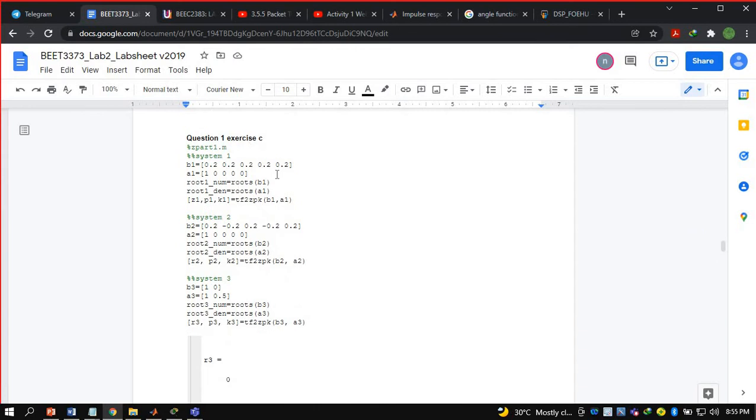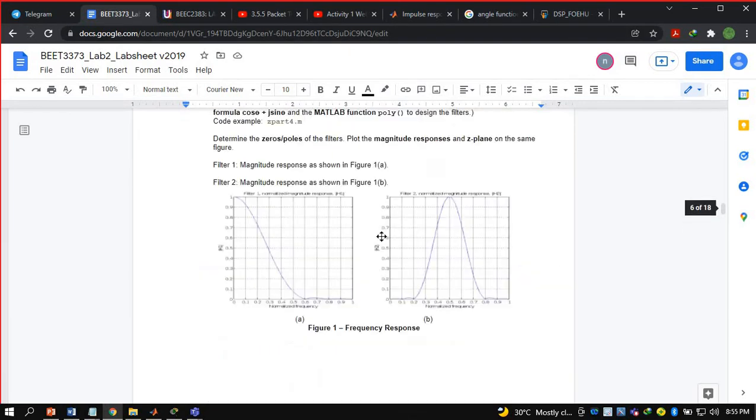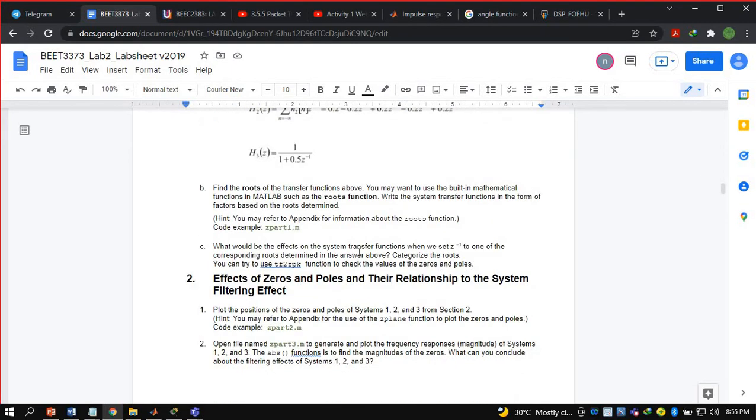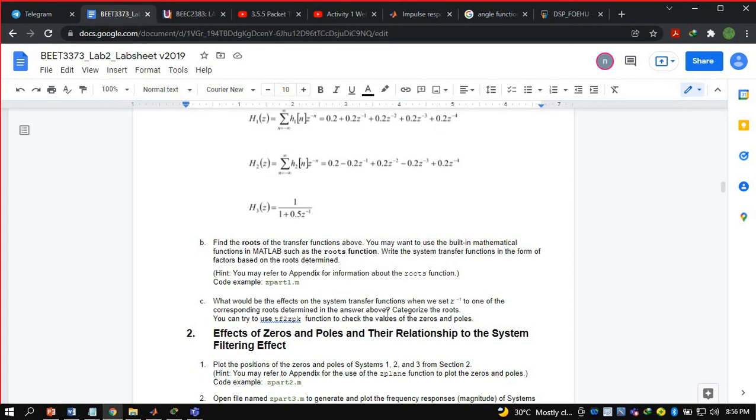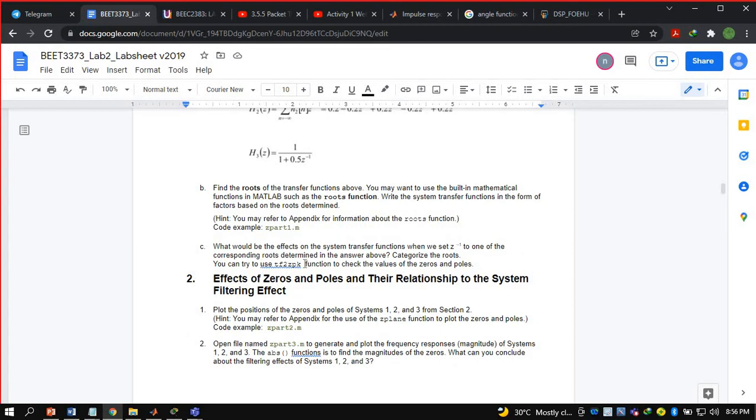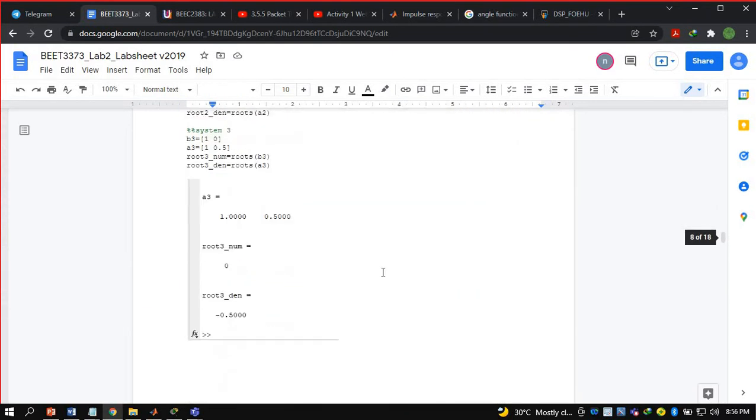For question 1, exercise C, we use this coding in MATLAB, which is root 1 number, root 1 denominator, and we use this function in MATLAB.